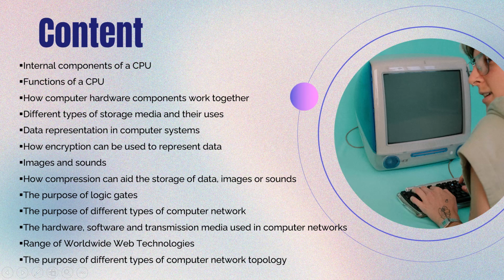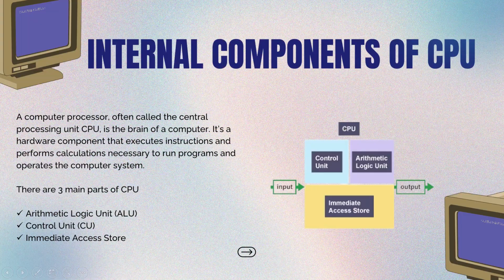First, we have internal components of CPU, function of a CPU, how computer hardware components work together, different types of storage media and their uses, data representation in computer systems, how encryption can be used to represent data, images and sounds, how compression can aid the storage of data, images or sounds, the purpose of logic gates, the purpose of different types of computer network, the hardware, software, and transmission media used in computer networks, range of World Wide Web technologies, the purpose of different types of computer network topologies. And to the next slide, we have the first topic we saw on the table of content.